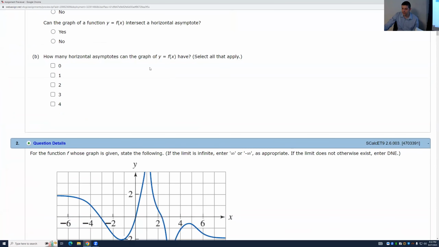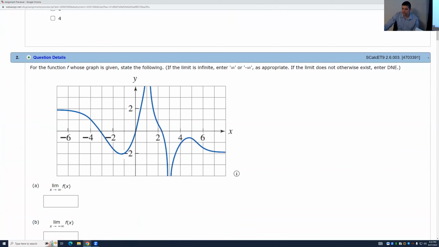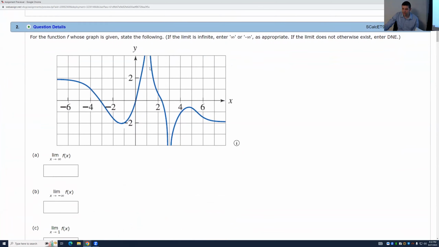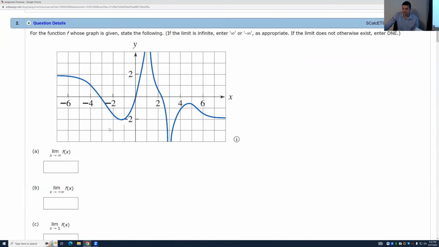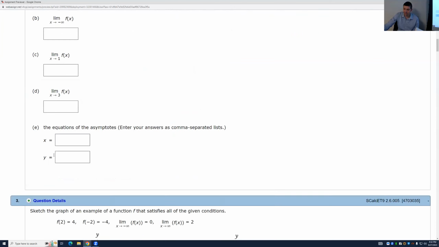Some of them are just conceptual questions. Look at number 2, as x goes towards infinity. This is a good kind of question: what's the limit as x goes towards infinity? What's the pattern of y values? -2, right? You need to be able to look at a graph and figure these out.